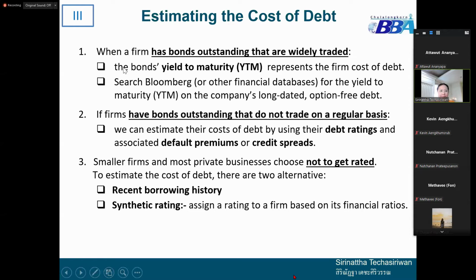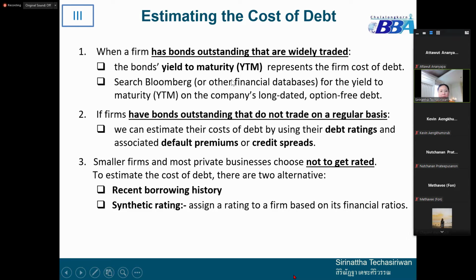So if a company has bonds outstanding that are widely traded, the bond might have been issued 5 years ago, but 3 years later it's traded in the secondary market, right? The price will be higher to reflect the required return of only 4% due to maturity. So if the bond is widely traded in the secondary market, you can simply look at the yield to maturity.